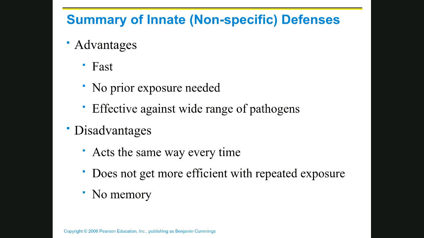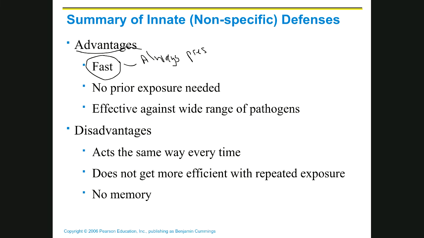Again, it's also called non-specific. So innate or non-specific has some advantages to it. One of its advantages is that it's always there. It's very, very fast. It's always present. And because it's always present and ready to go, it's very, very fast.